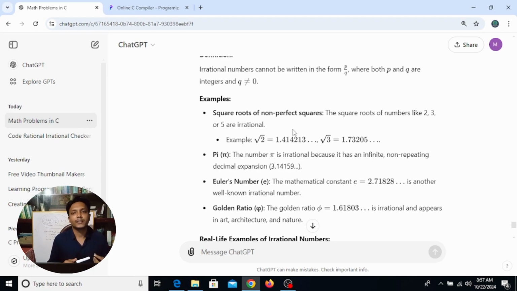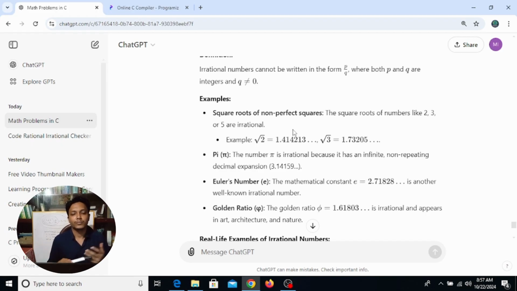If you take 16, 4 multiplied by 4 is equal to 16. If you take 4, 2 multiplied by 2 equals 4. These numbers are perfect squares, like 4, 16, then 25, because 5 multiplied by 5 is 25, then 36, 49, 64.